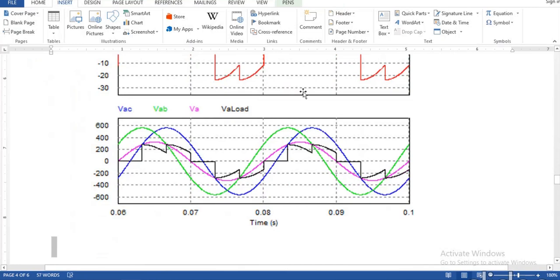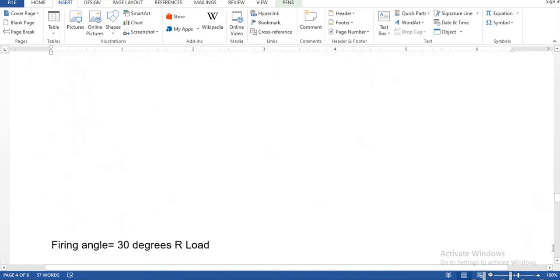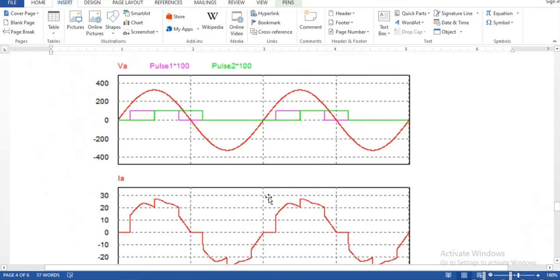The same resistive load, when we look at a 30-degree firing angle, what we have got, just a second. Let me show another waveform with a 30-degree firing angle.